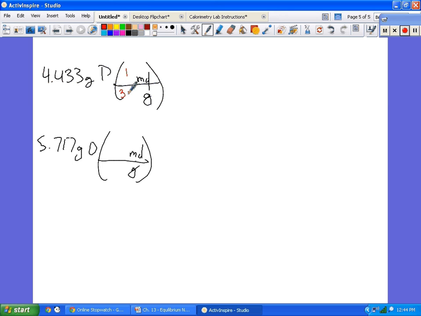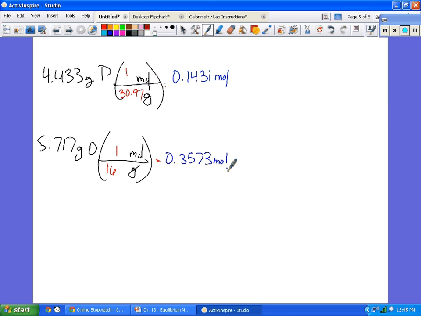Phosphorus is 30.97. Oxygen is 16. Somebody help me with my moles. All right, so there's our moles.